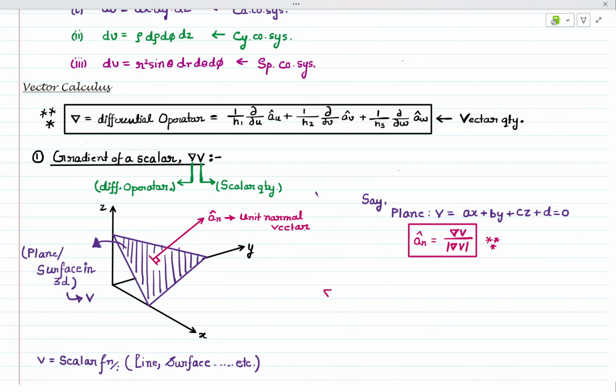See, del V. Now you know the del equation or the differential operator, right?